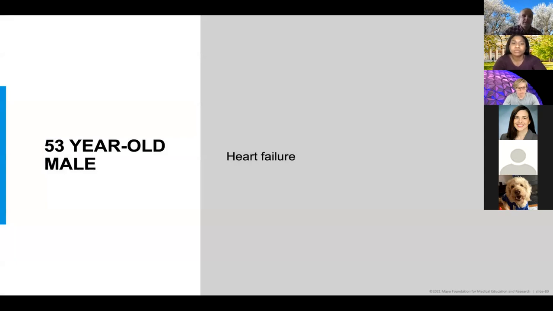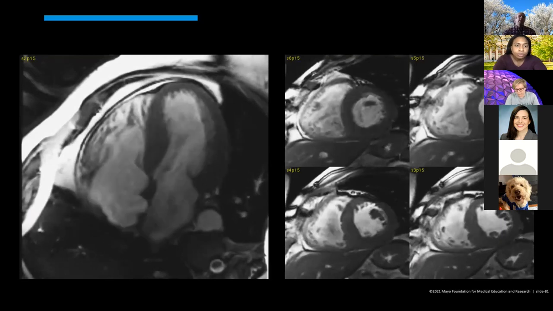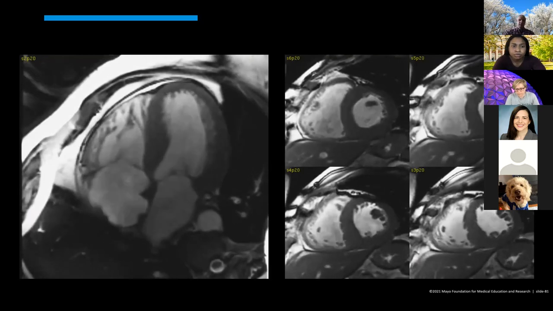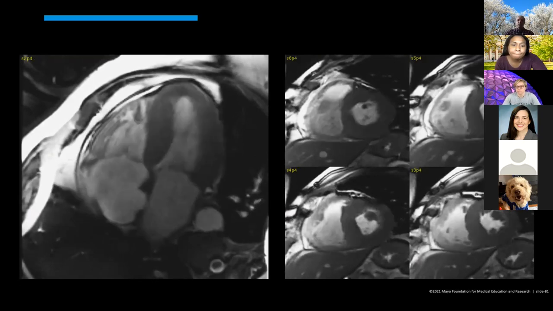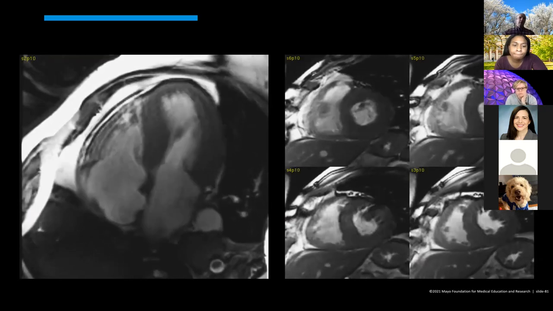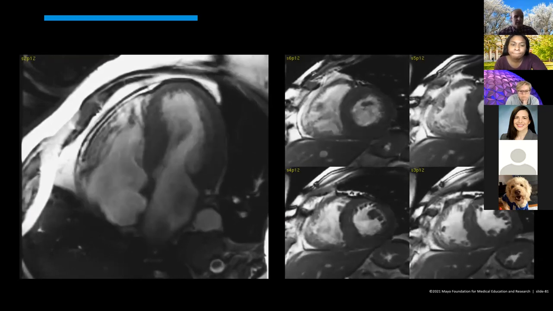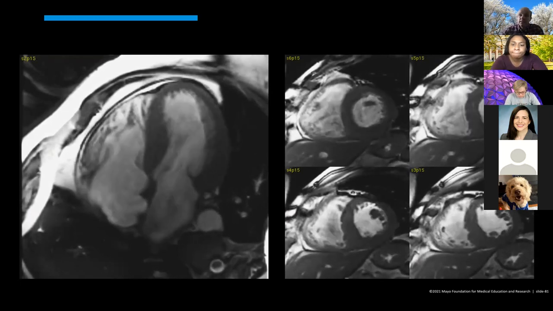Next case is a 53-year-old who presented with heart failure. I'll let you look at the 4-chamber cine view here on the left and these 4 short axis views on the right for a little bit. And what's striking about these images is how hypertrophied the left ventricle is.